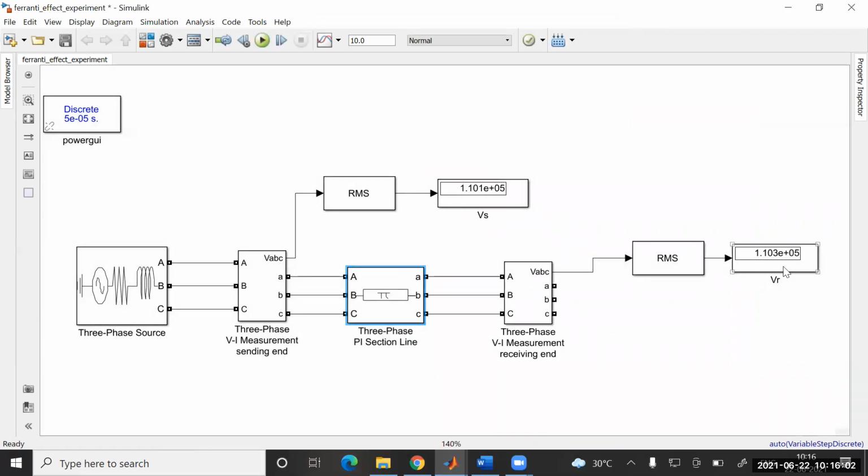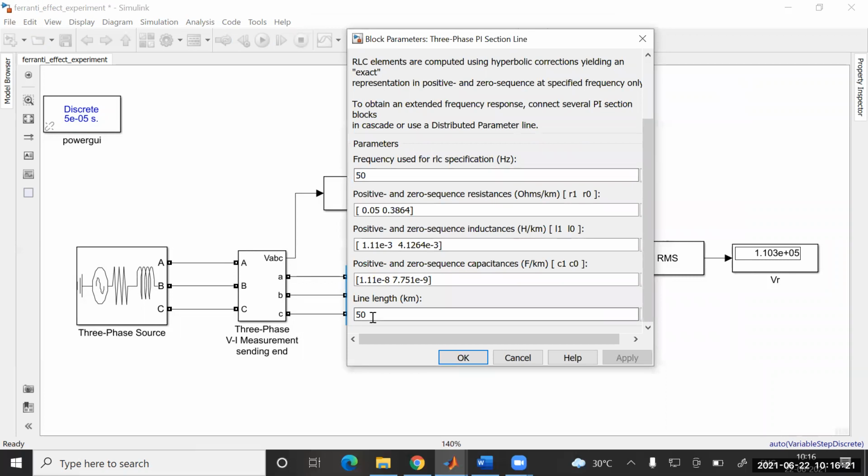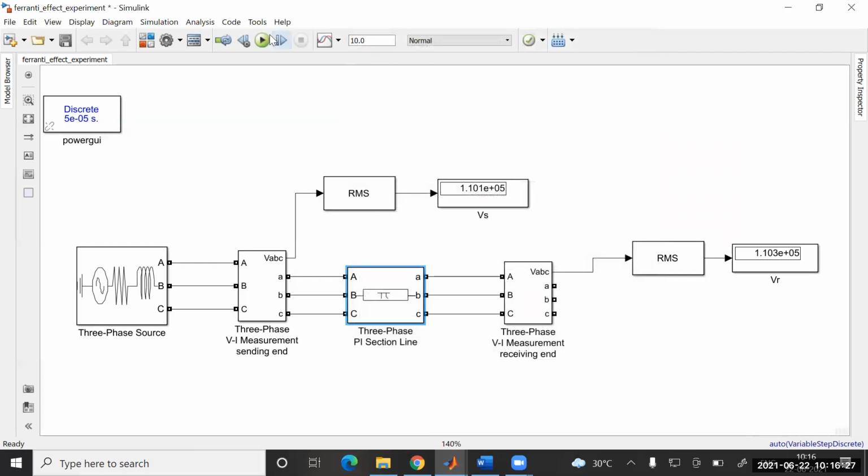So that is the peculiar thing we know about this: for a lower, short transmission line, that effect does not come in. That's why we were doing it with the 400. This is our present rating.